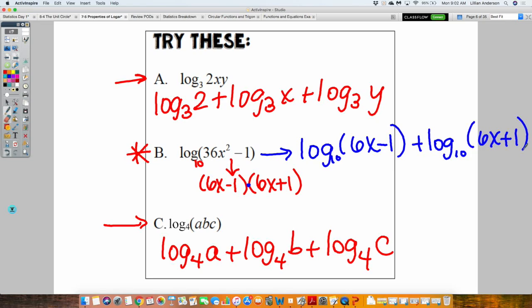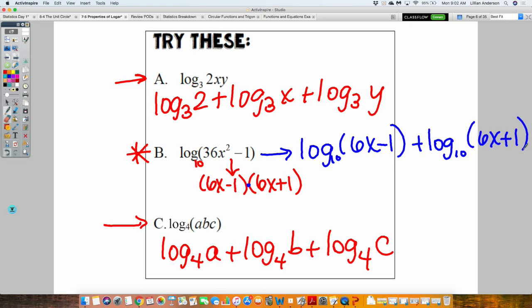As tempting as it may be to try to take that 6x and separate it, the 6x is attached to a minus 1, and you can't separate it because it has that minus 1 there. So that's your final answer. Okay? Questions on product property?